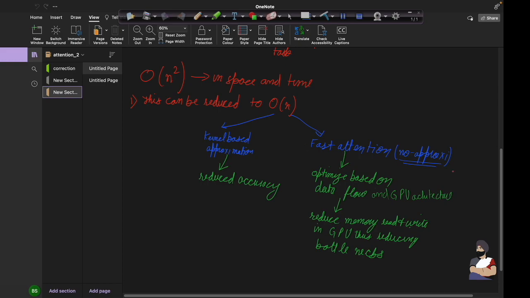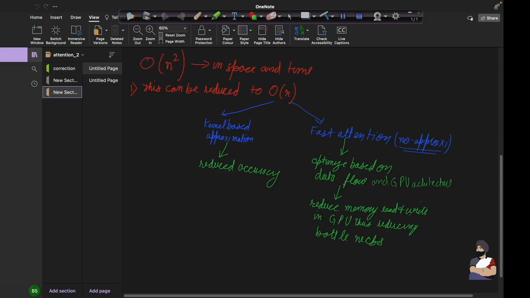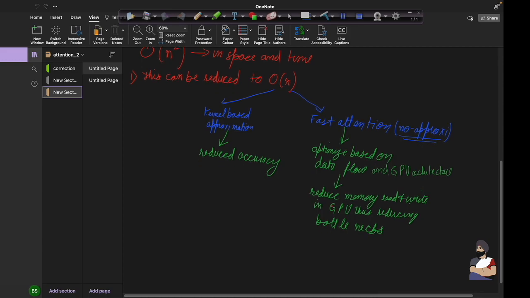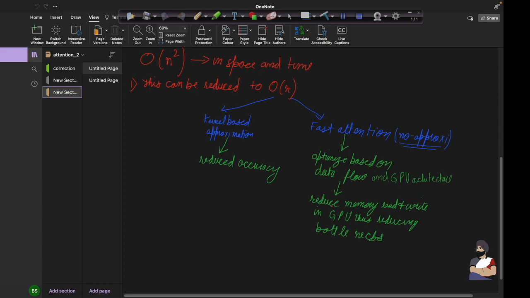The second, without a trade-off, is fast attention. Fast attention has no approximation. Basically they are optimizing the data flow between CPU and GPU, reducing input outputs, and reducing reads and writes, and after that they are able to perform the attention in order of n time.